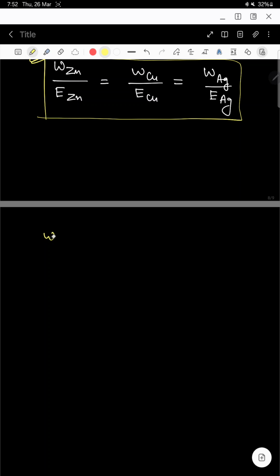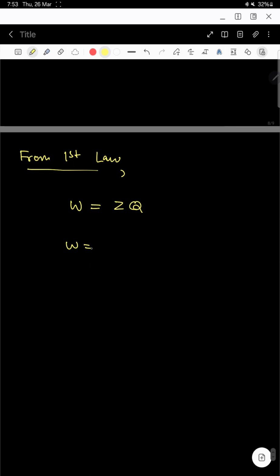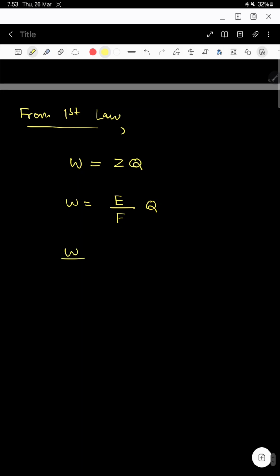From the first law we know W equals ZQ, and Z can be written as E by F, where F is 1 Faraday. So if W by E is a constant, then it must be equal to Q by F, right?